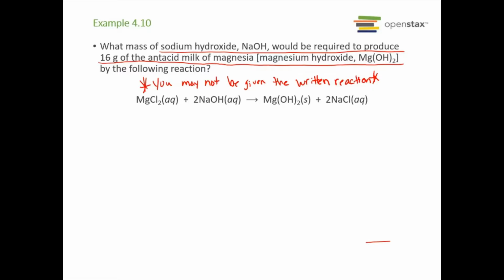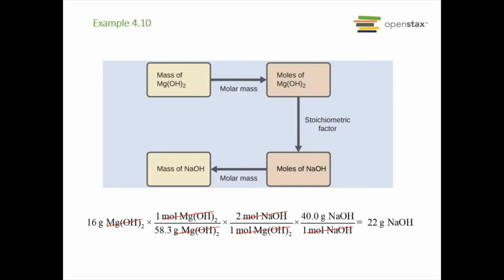So we're given grams of magnesium hydroxide. Now, I cannot just go straight from one mass to another mass. That doesn't work. I can't just go from grams of magnesium hydroxide to grams of sodium hydroxide. I first need to go from grams of A, whatever I'm starting with, to moles of A. In this case, moles of magnesium hydroxide, using our friend molar mass.